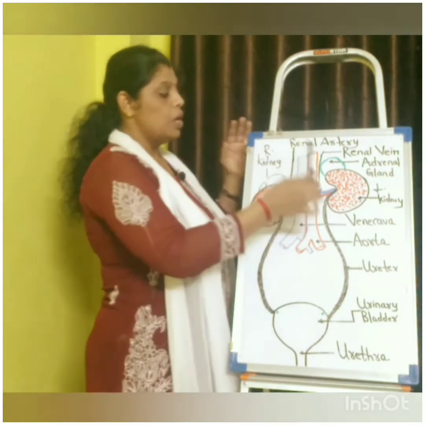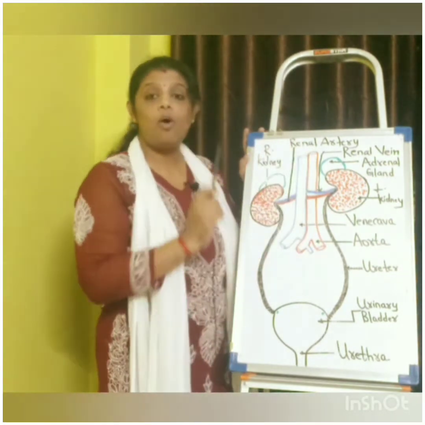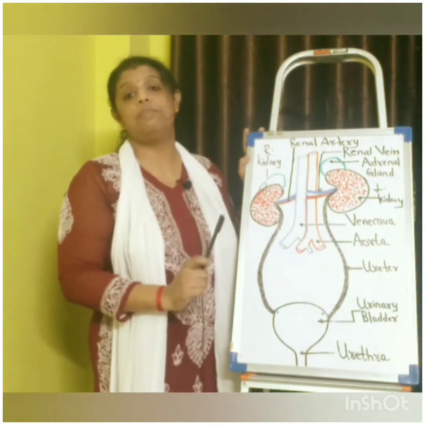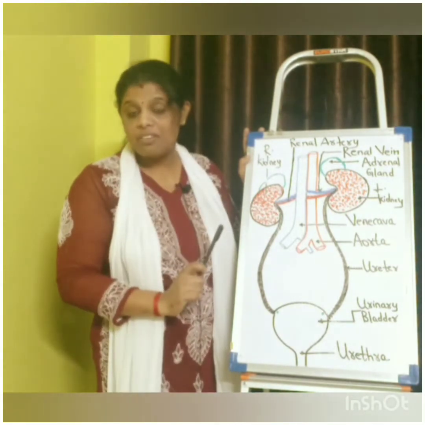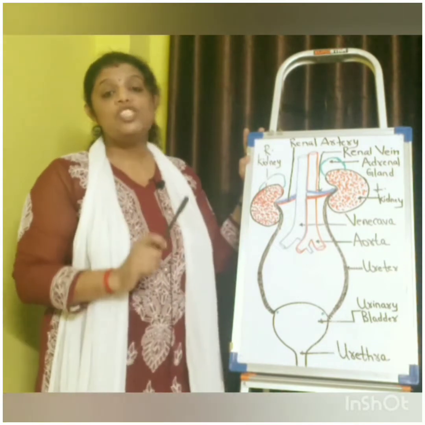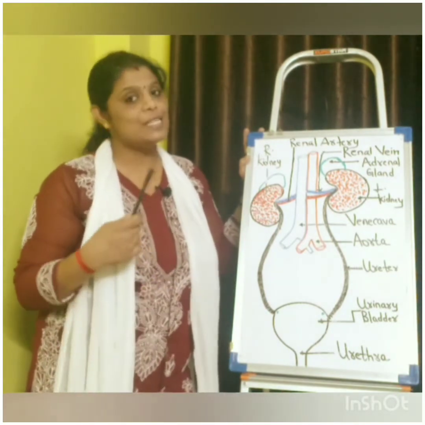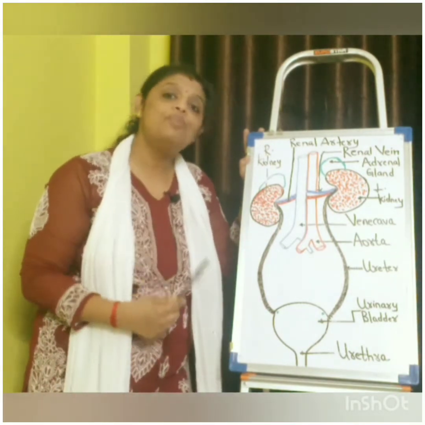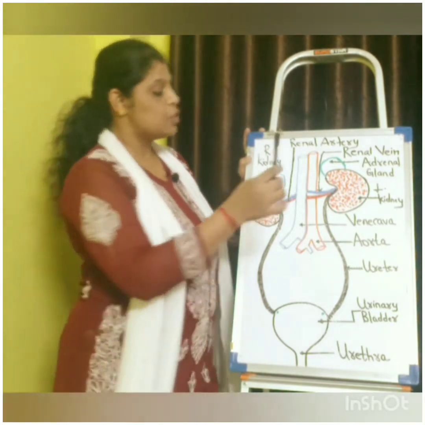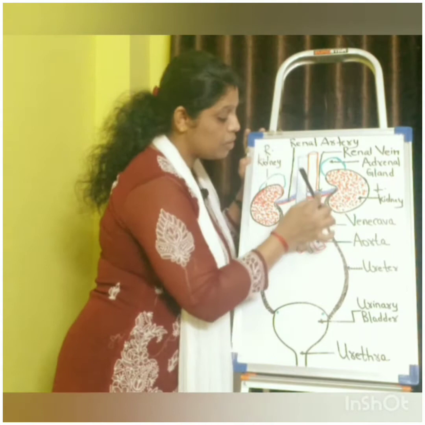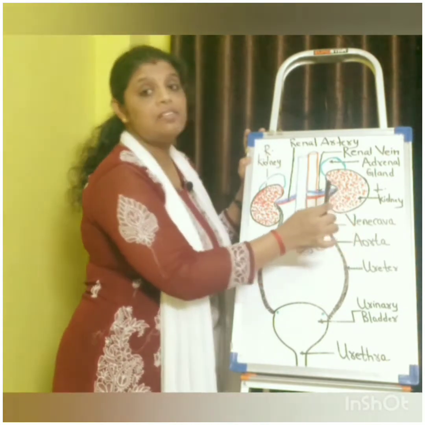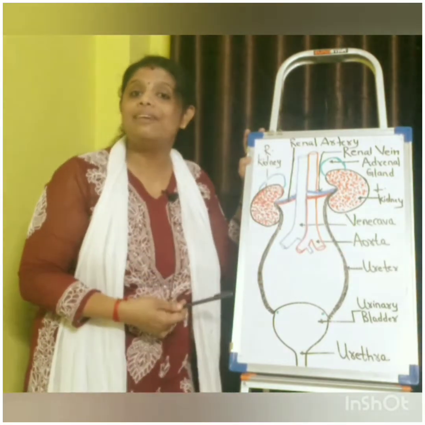So the aorta brings oxygenated unfiltered blood, and that blood enters the renal artery, a pair of arteries that has branched from the abdominal aorta. That blood entering through the renal artery branches out to form capillaries.